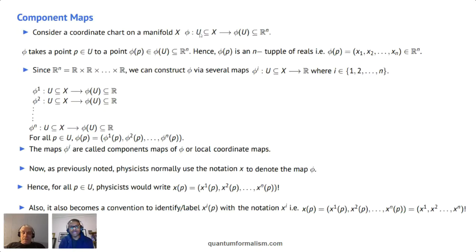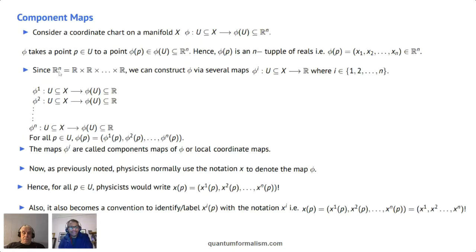Phi from an open subset U of the manifold X to some open subset of R^n. So phi takes a point in U and maps it to a point in R^n. So this means that phi of p is just an n-tuple, right?